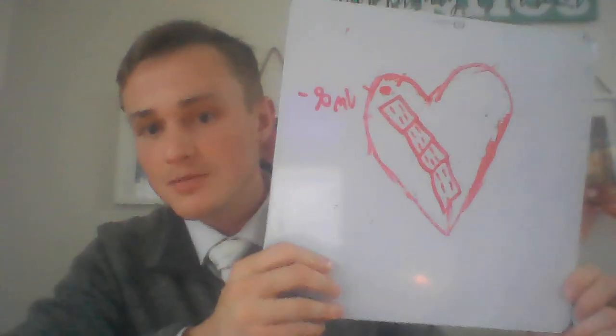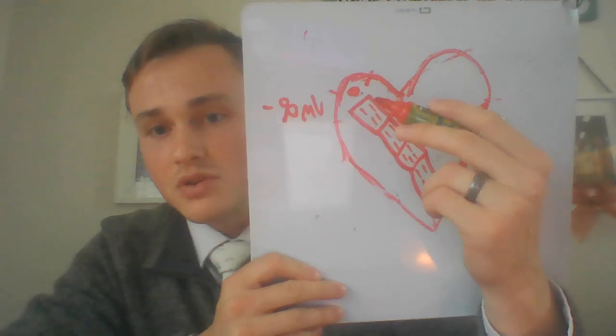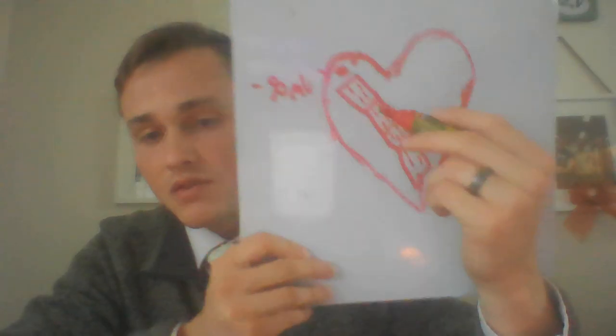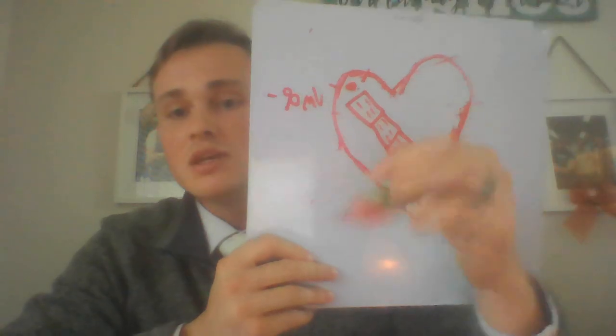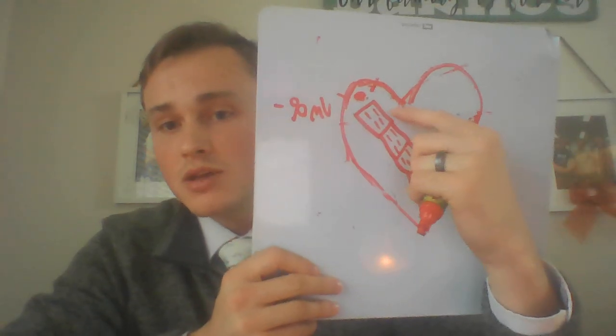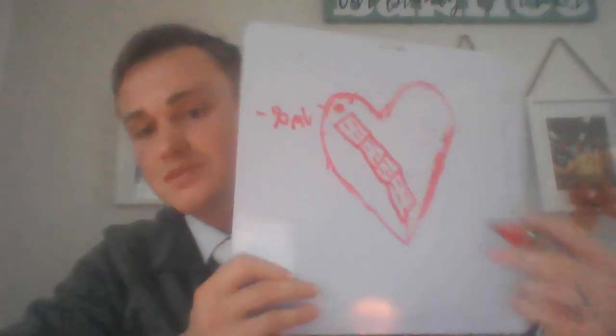So if we separate them, wherever there's an isolated negative charge, for every one of those, we're going to see an isolated positive charge just outside of the cell, really close to the membrane, because it's like having a piece of paper with a magnet on both sides. They're going to want to stick to each other through the paper, but the paper is keeping them from touching completely. That's the analogy that I like to think of. So I'm going to draw a lot of positive charges outside of all of these cells.